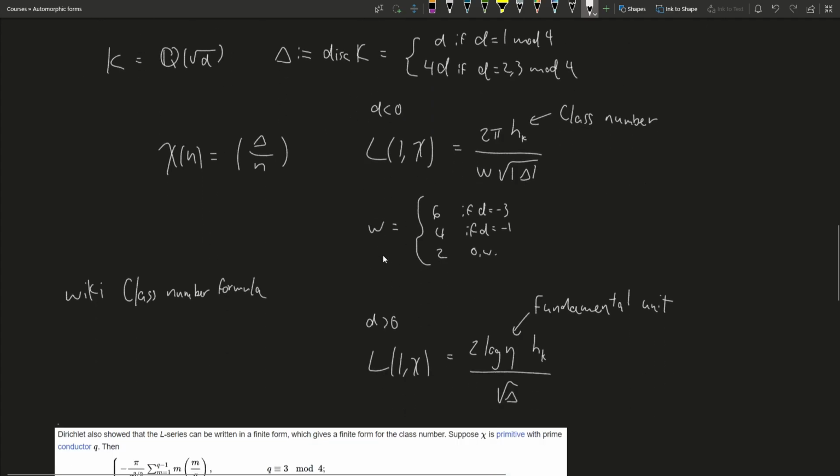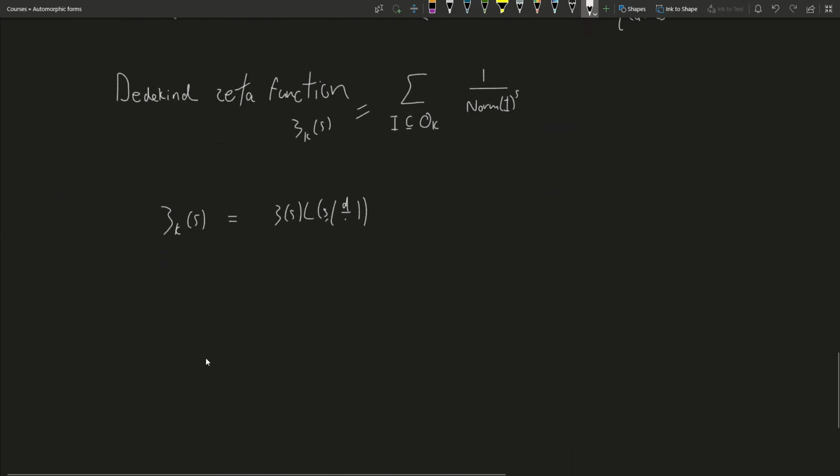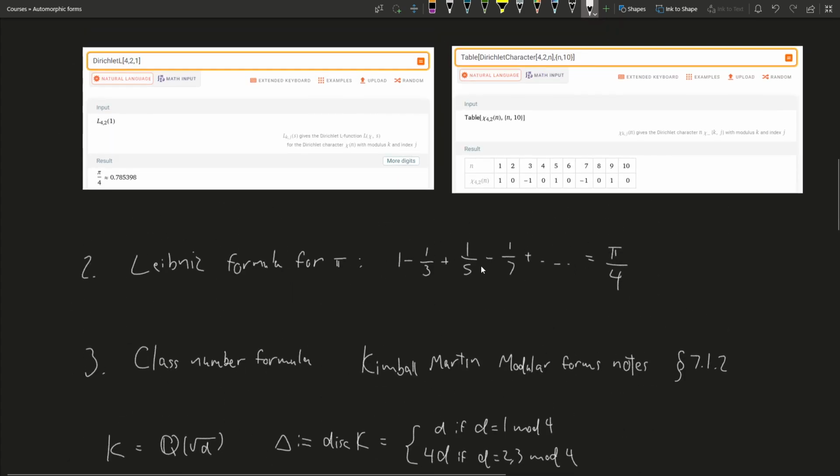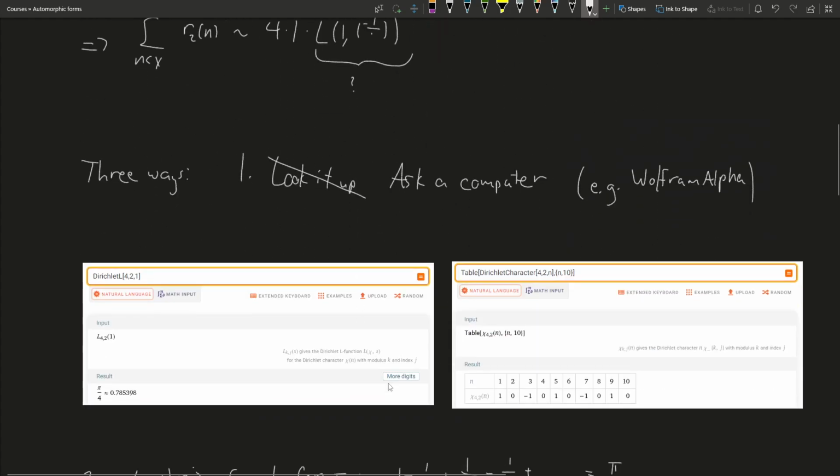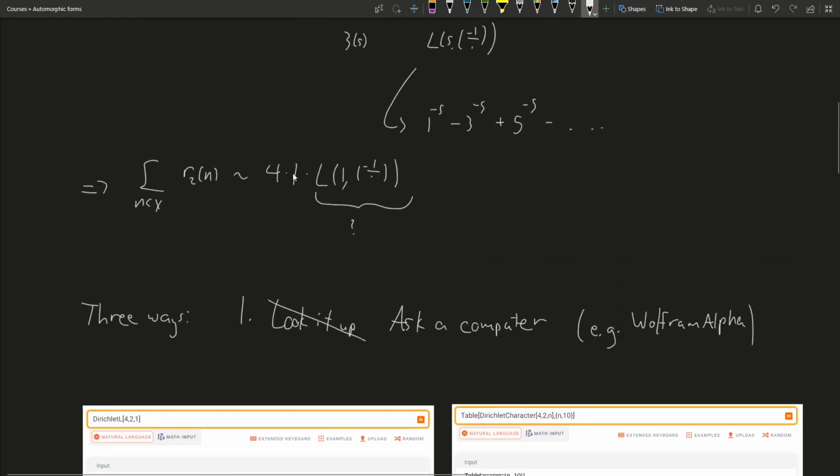So what do we end up getting after all of this? Well, what we end up getting is that the sum over n less than x of the number of ways to represent n as the sum of two squares is asymptotically pi times x, right? This pi is coming from this pi over 4 right here, and then you have this 4.